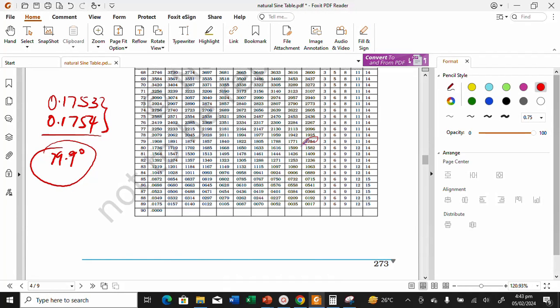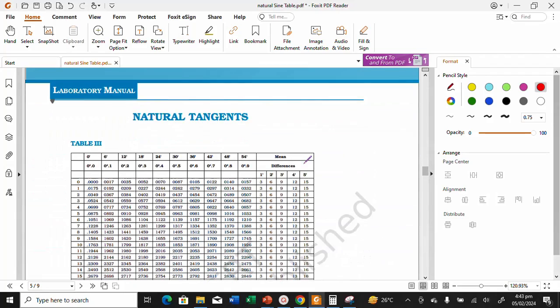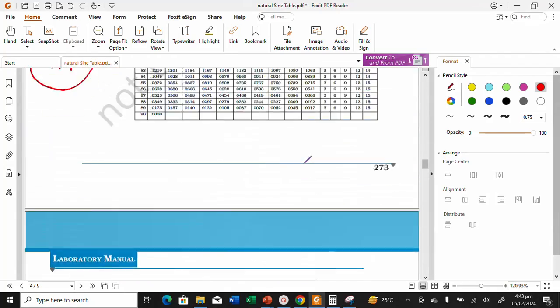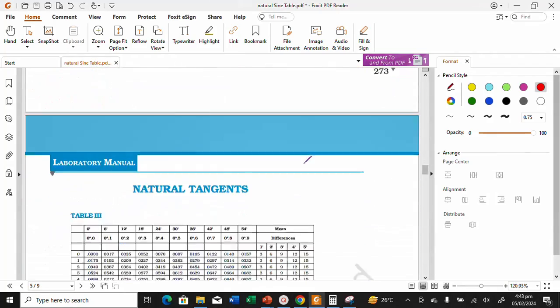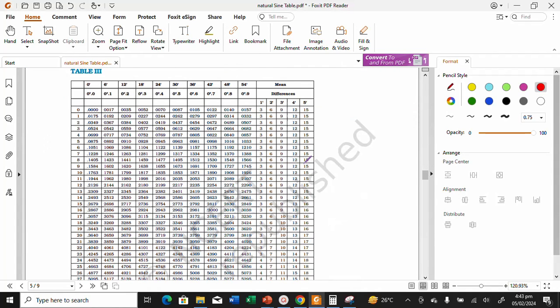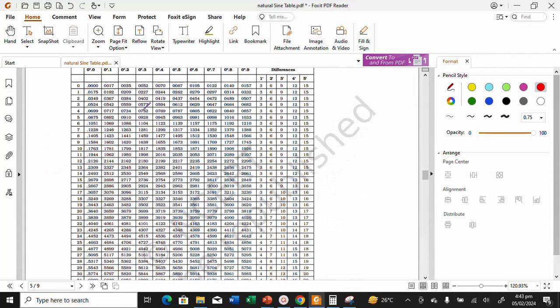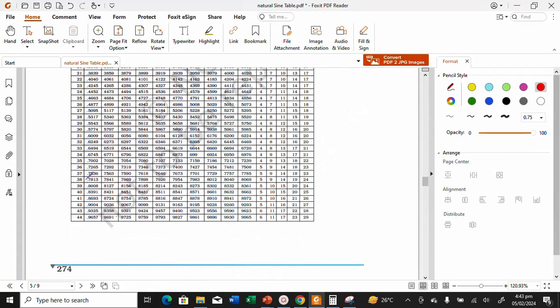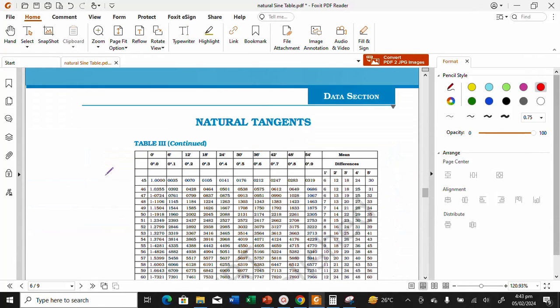This is a tan table, this is the cosine table. Let's go to the tangent table, the natural tangent table. So now we are looking for 1 point. Let's look for one.